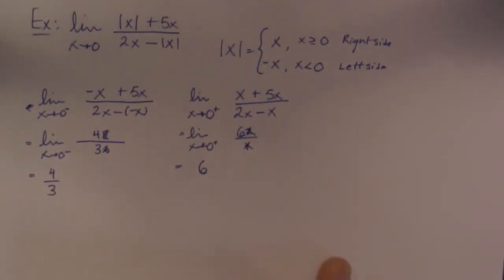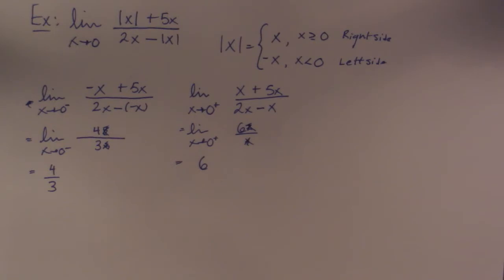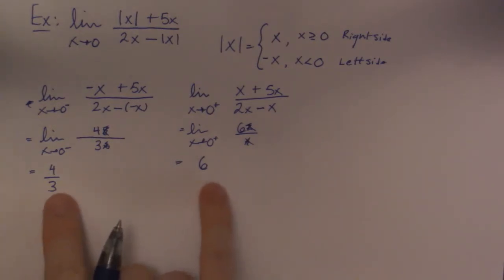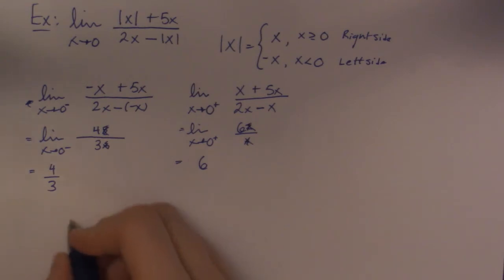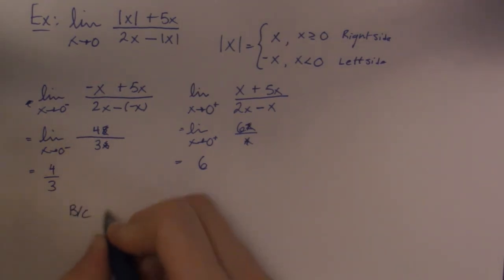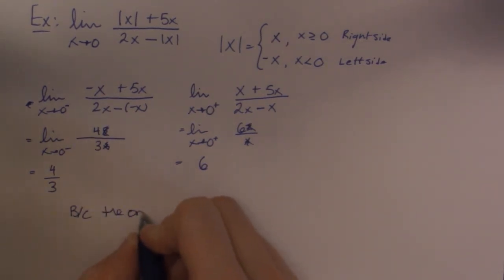If you remember your basic definitions of limits, in order for a limit to exist, we have to approach the same number from both sides. The one-sided limits have to be the same. If you look at this, these are obviously not the same.